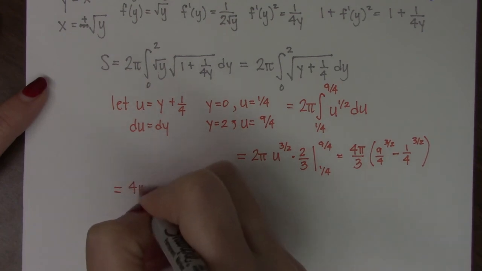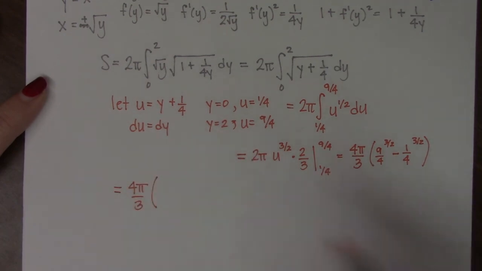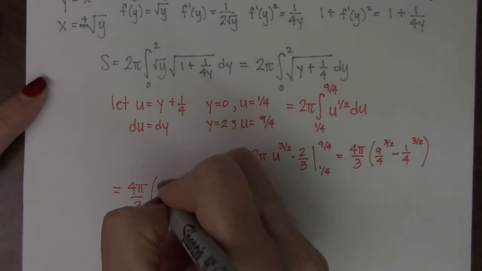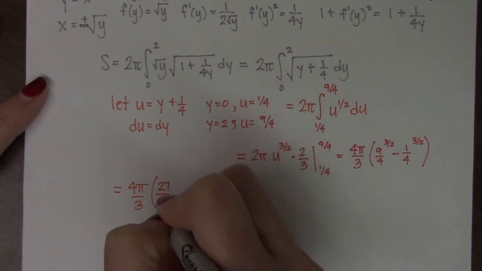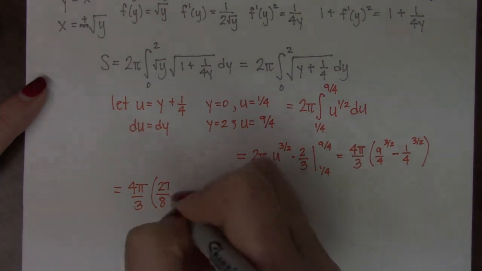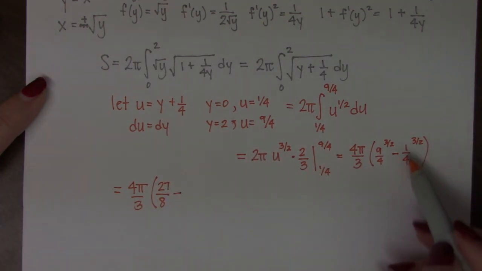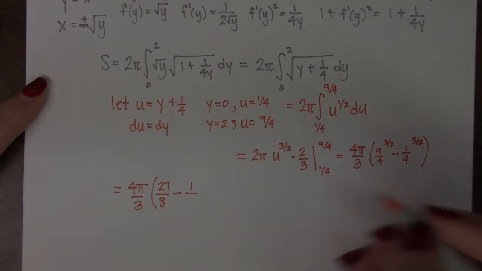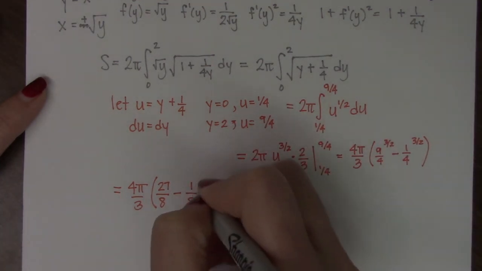So we'll have 4 pi over 3. Remember you can do these in any order, you can do the square root first. This is 3/2. If you cube 3/2, 3 cubed is 27, 2 cubed is 8. The square root of 1/4 is 1/2, and 1 cubed is 1, and 2 cubed is still 8.